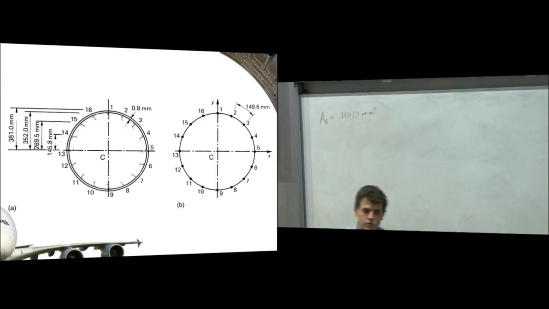Our aim is to take the structure on the left, with the positions of all our stiffening elements and the skin, and turn it into an idealized boom and panel problem on the right. On the right we've taken every stringer location and turned it into a boom. The stringers are evenly placed around the barrel, and you can see via the picture on the left that the radius of the barrel is 381 millimeters.